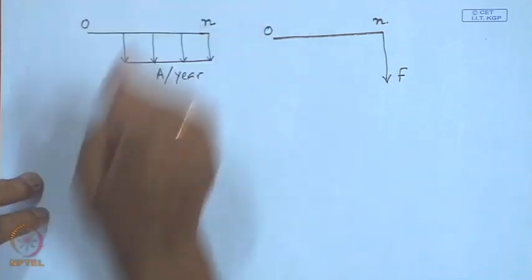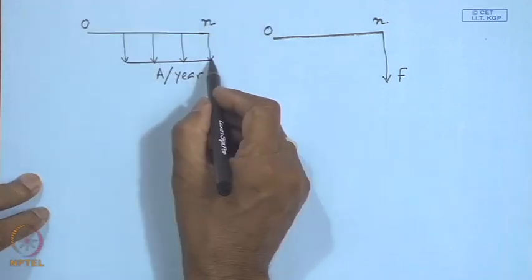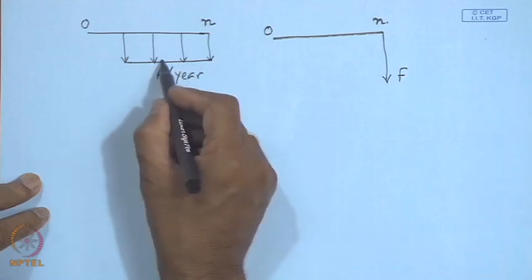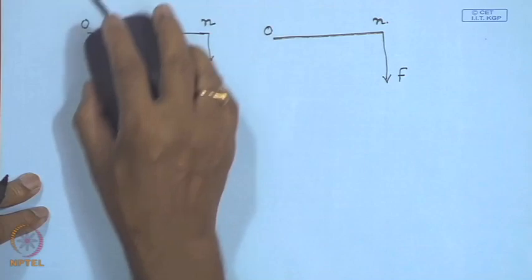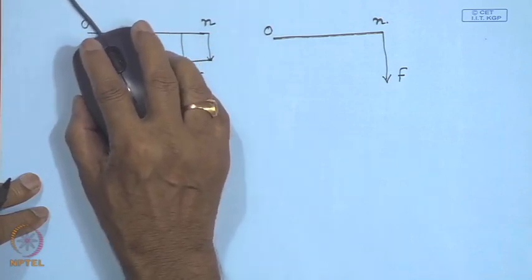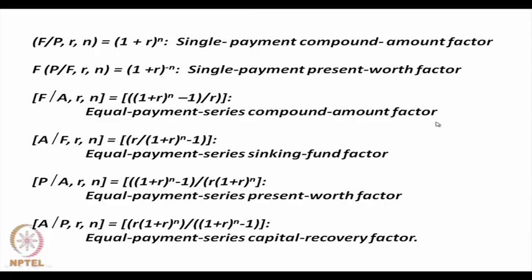And this is equal payment series, they are taking place in series and each is equal payment and compounded to the end. Therefore, it is called equal payment series compound amount factor, and the value is to calculate F given A, r and n.